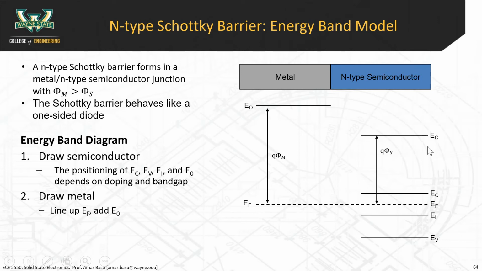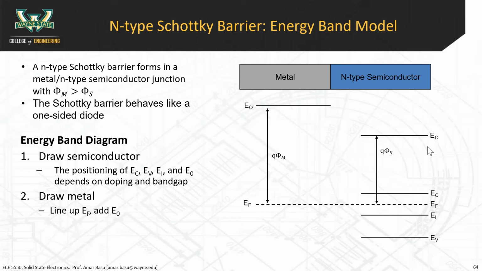Now, we have E0 up here, and then we also have E0 down here. The difference between this diagram and the PN junction: with the PN junction, remember we had EC, EV, EI on both sides of the diagram, right? Do you remember how we connected them together? We connected those together. In this case, the metal doesn't have EC and EV. It only has E0. So it turns out that the E0s have to be continuous, just like with the PN junction, the EC and the EV had to be continuous.